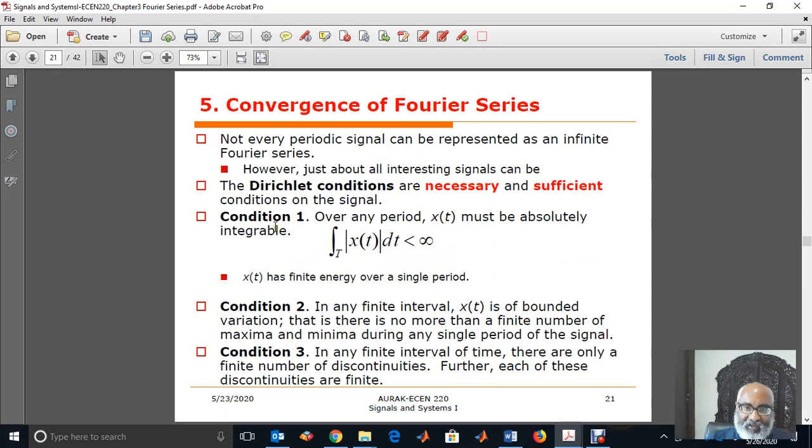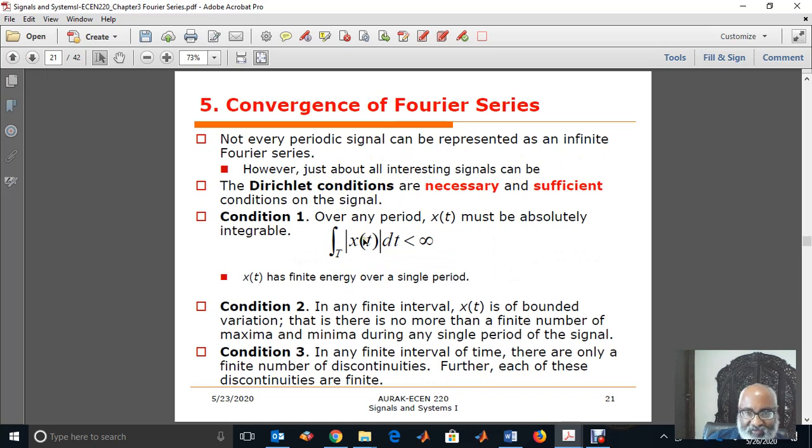And one last thing, not every periodic signal can be represented as an infinite Fourier series. However, all interesting periodic signals can be represented, especially those signals that are absolutely integrable over one period.